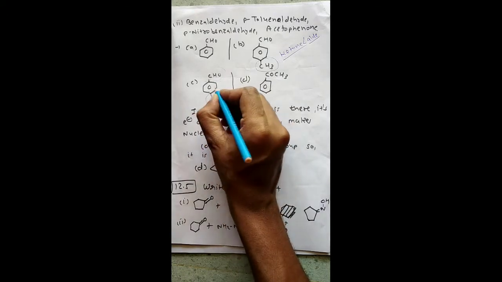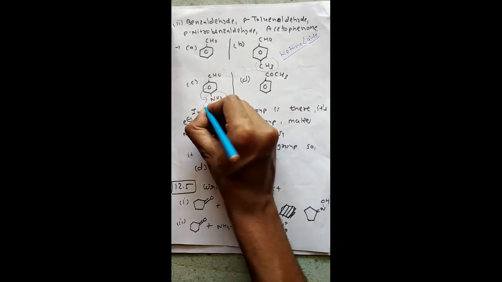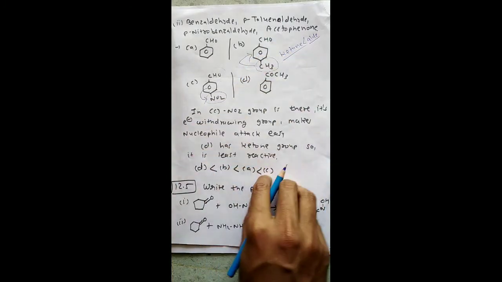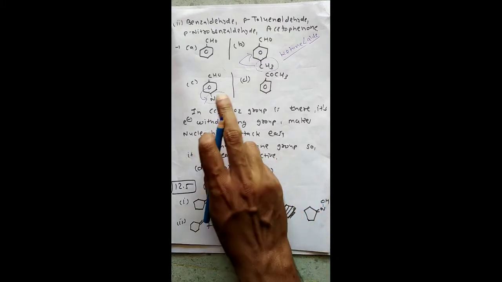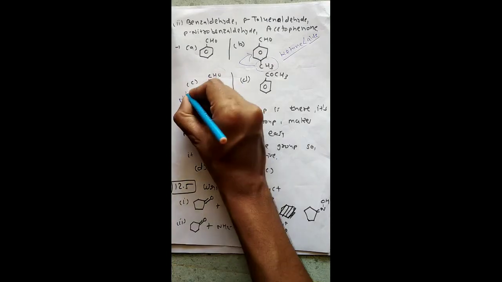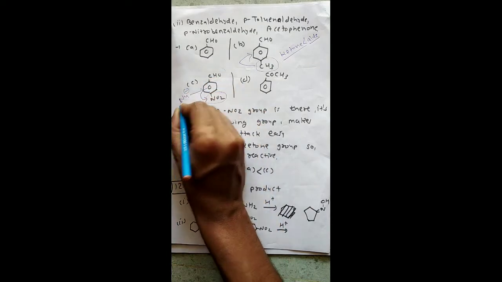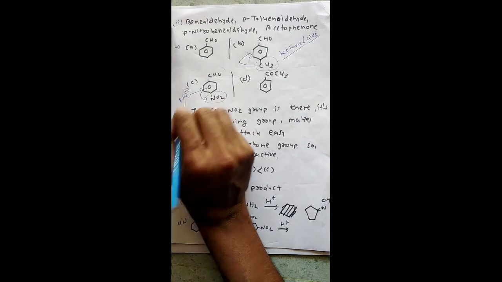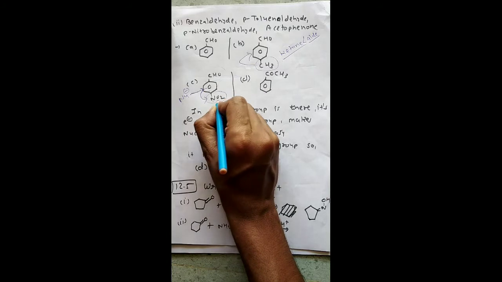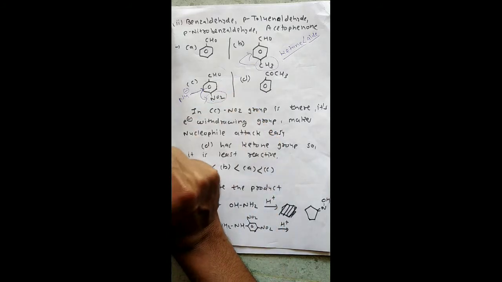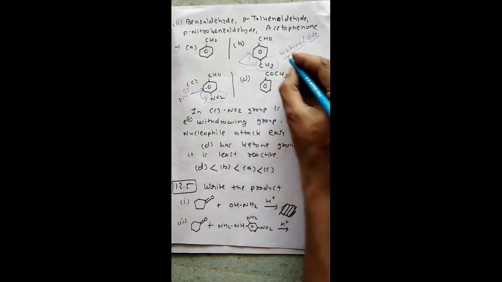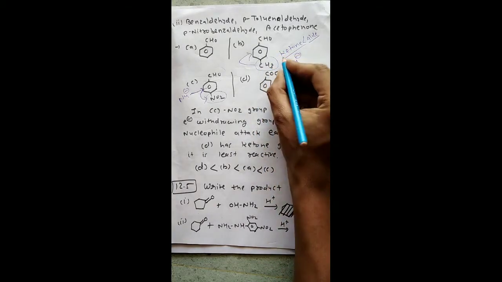Now NO2 group is, I told you earlier also, an electron withdrawing group, and CH3 group is an electron donating group. So an electron withdrawing group makes nucleophile attack easy because it attracts the negative ion. Nucleophile attack is easier when an electron withdrawing group is there in your structure. Here an electron donating group is there, so it makes nucleophile attack difficult.